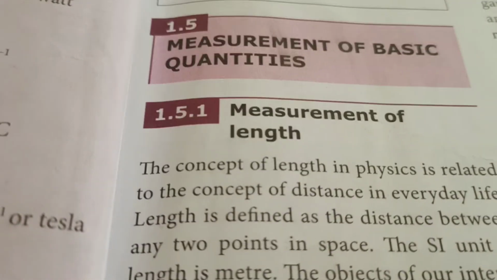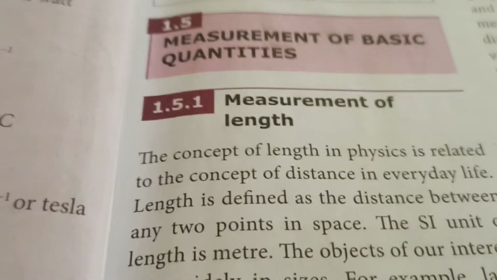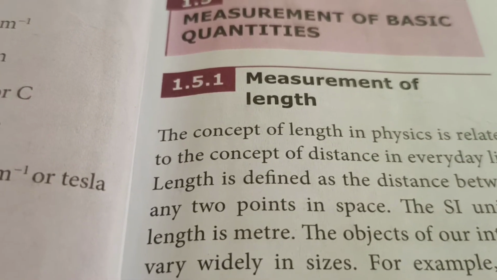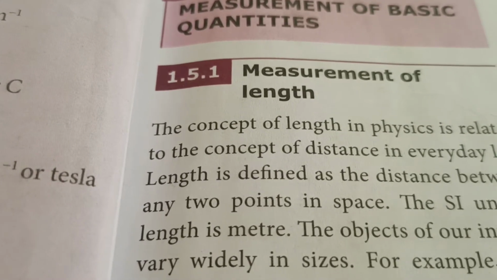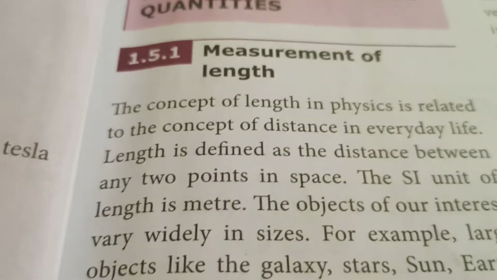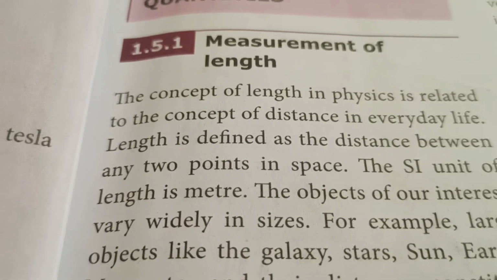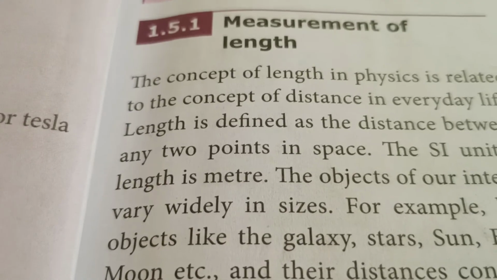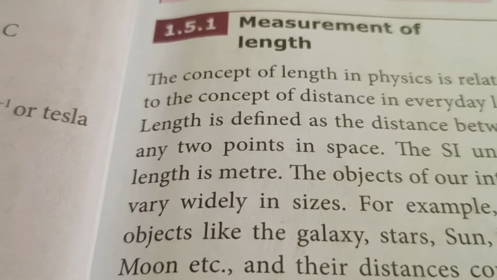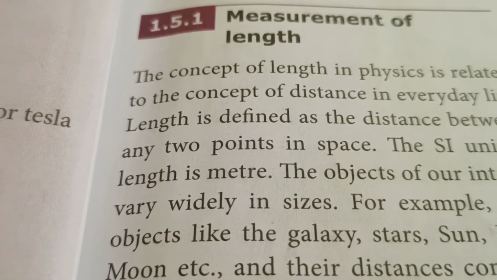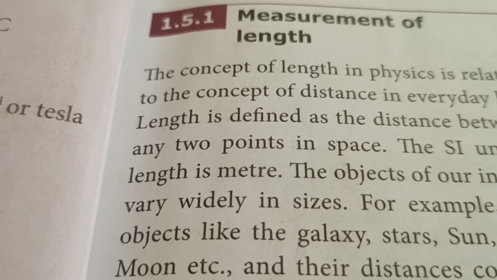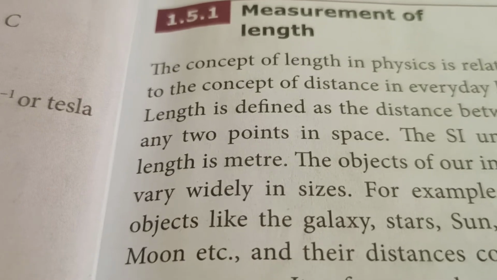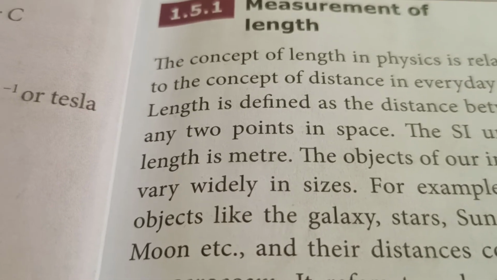Then next we discuss measurement of basic quantities. In this case we measure length, mass and time. First we discuss measurement of length. You know the concept of distance in everyday life. Length is defined as the distance between any two points in space. The SI unit of length is meter, you already know.